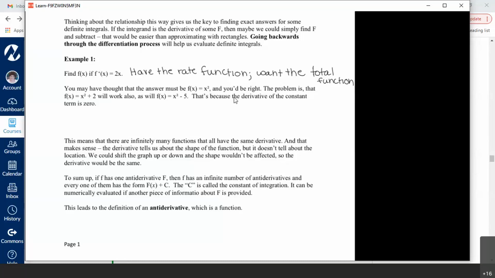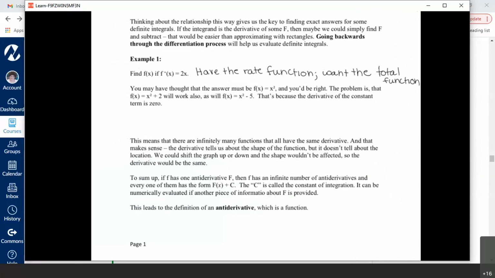You'd be right. The problem is any number of functions with a constant tacked on will also work, because when you differentiate a constant, you get 0 in f prime of x. So you lose some information, the information that was contained by that constant.